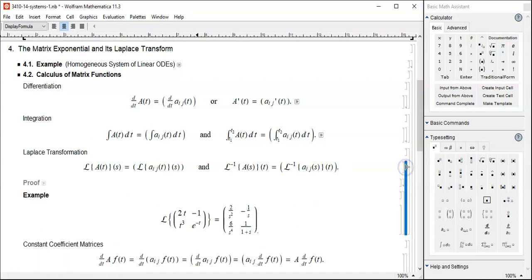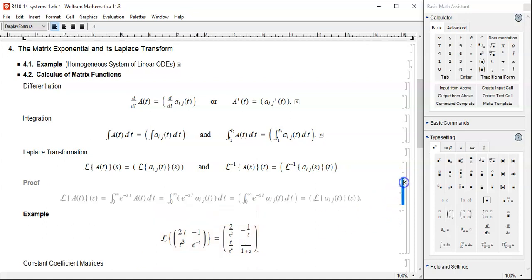Next, Laplace transforms, and again, as expected, the Laplace transform of a matrix function is the Laplace transform at each entry. And to check this, please check page 123 in our textbook. That's where we have this standard Laplace table, and we had been consulting it, I don't know, maybe 100 times or something like that. We have been consulting the same page since chapter 2.